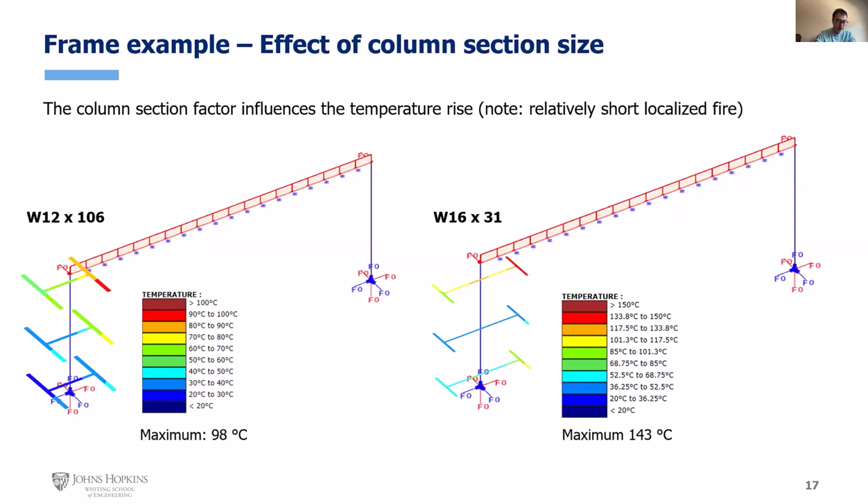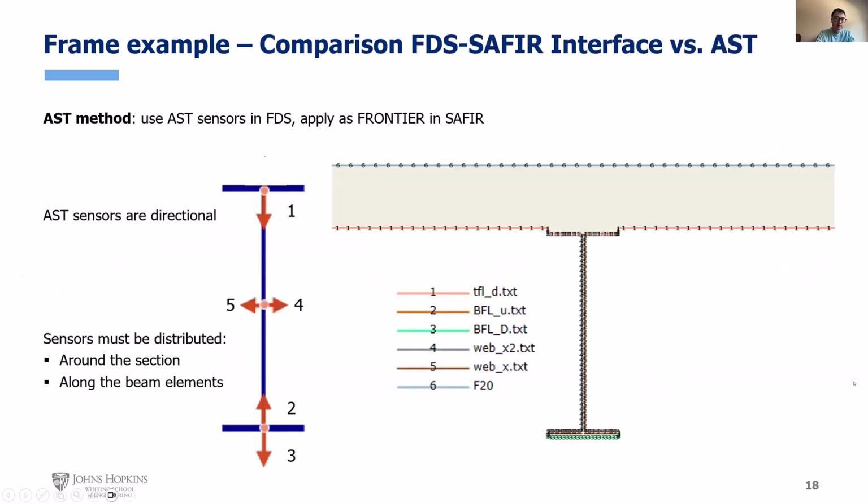And in the next slides, we also compared the interface method with the AST method. As Thomas said before, to use the AST method, we have to place as many sensors as possible in the FDS model to capture the temperature variation around the section as well as along the beam element. For example, here for the steel beam, we assign 5 sensors in each section.